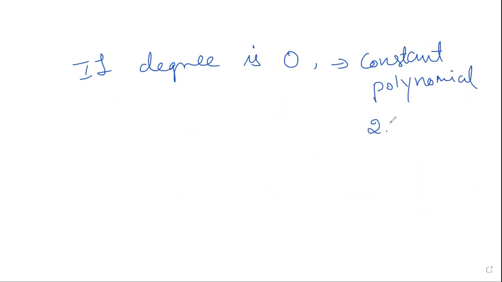If there is no variable, how can you write this? 2 into x to the power of 4 can be written. When you have just 2, we can write it as 2 x to the power of 0. What is the value of x to the power of 0? It is 1. Okay, children? When the exponent power is 0, the value is 1. So this is called a constant polynomial.